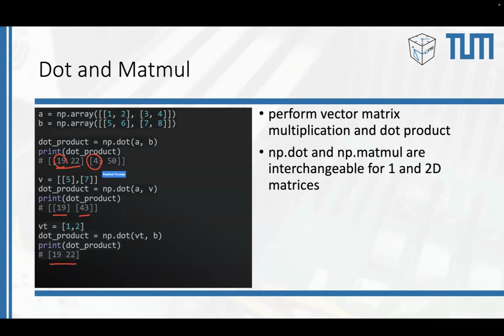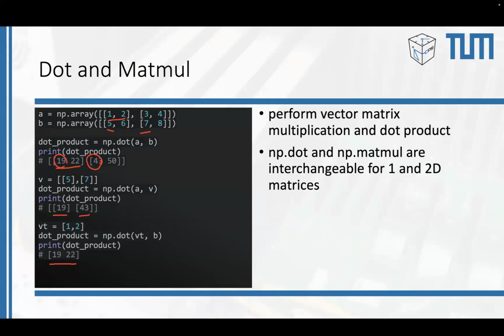So I've just reproduced the row by column of the first operation and the column by row of the second operation by using 5 and 7, so this column vector, and 1 and 2, so this row vector, right? Just to show you, it's exactly the same operation, it's just a different name. Whether you do a vector by matrix or matrix by matrix, it doesn't change anything. It's just a different size of the matrix itself.